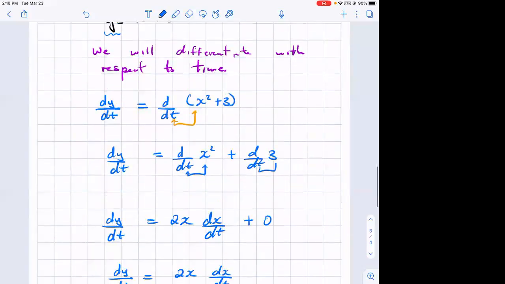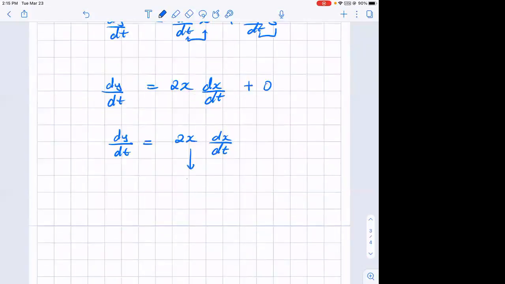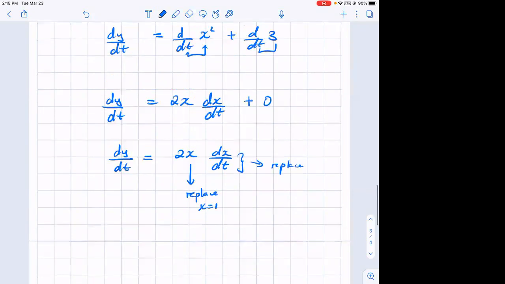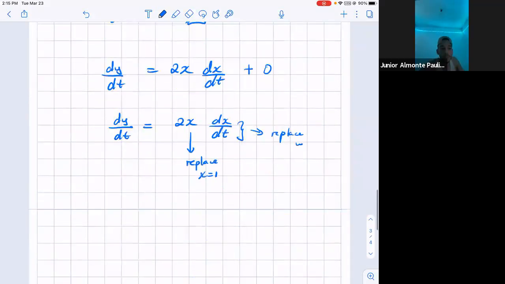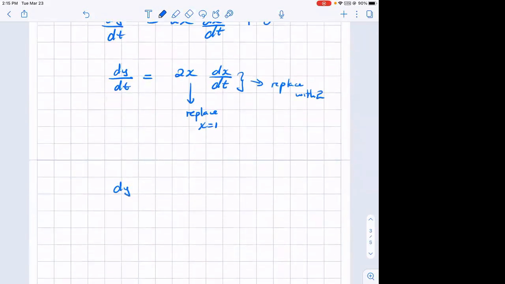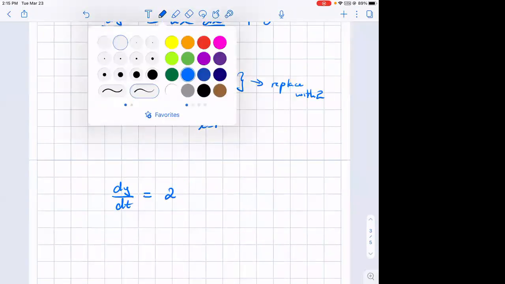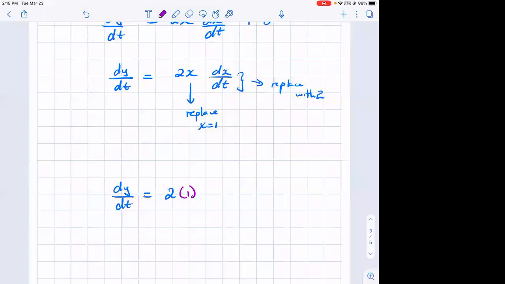So x is 1, and dx/dt is 2. So if I do this, I have dy/dt is equal to 2 times 1 times 2.